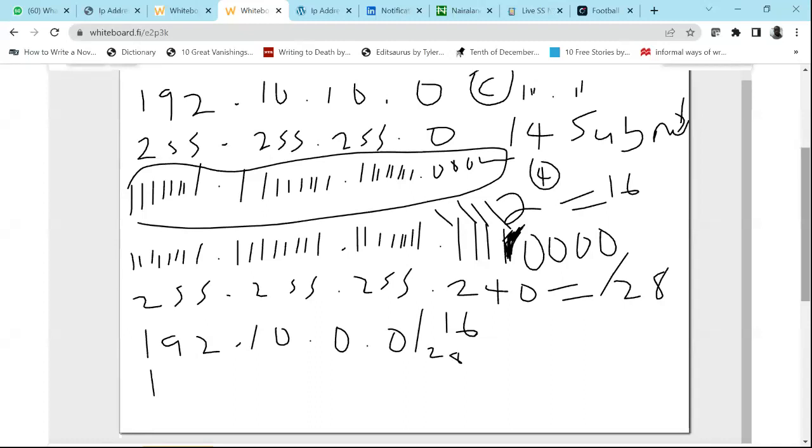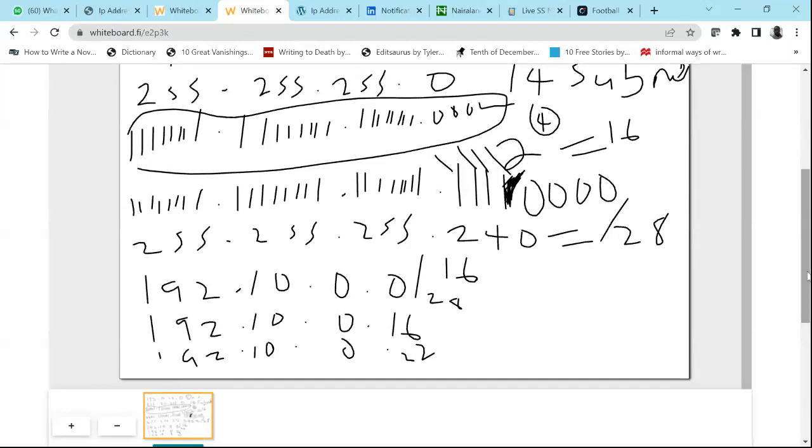So the next network will be 192.10.10.16. The next network will be 192.10.10.32.